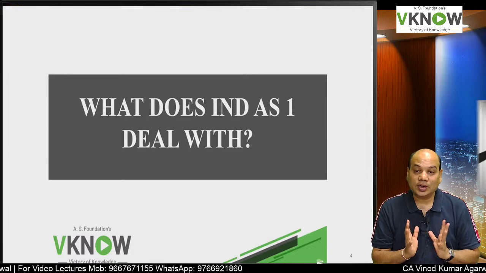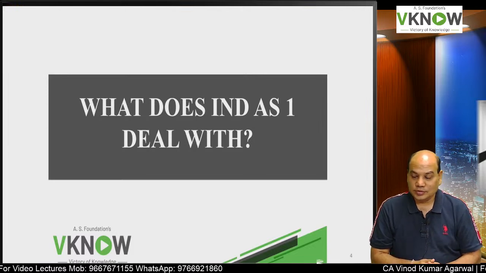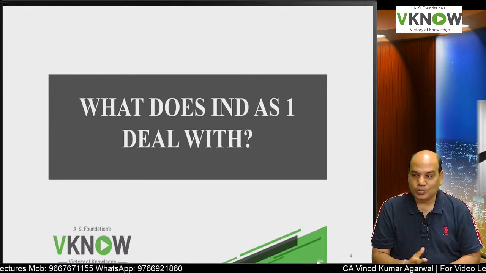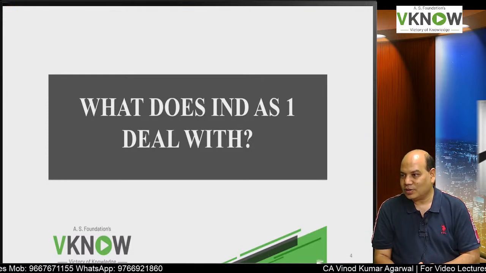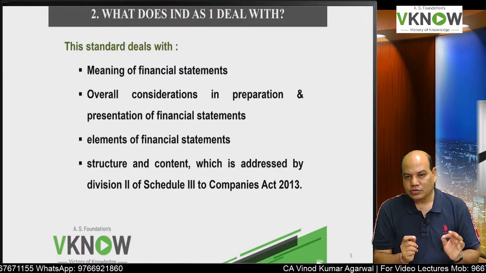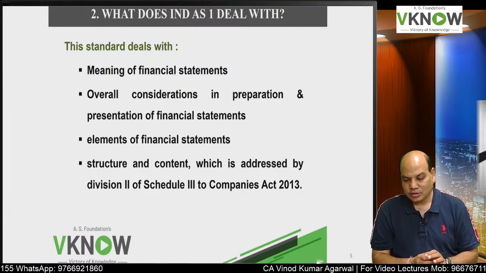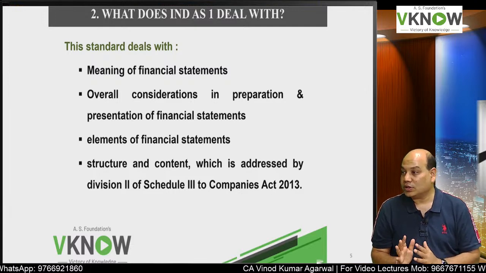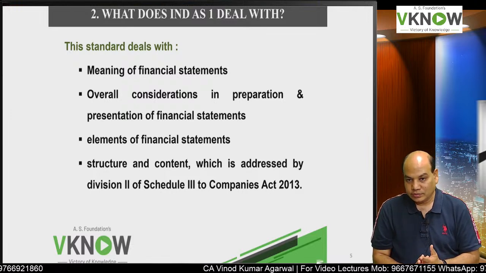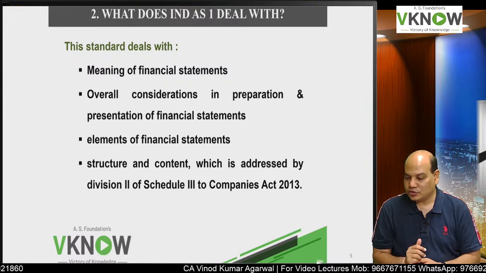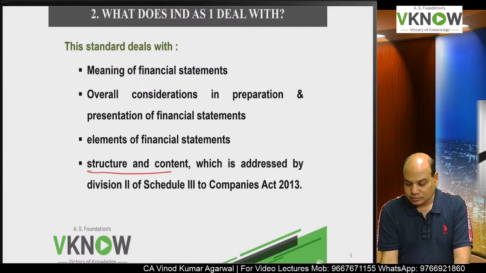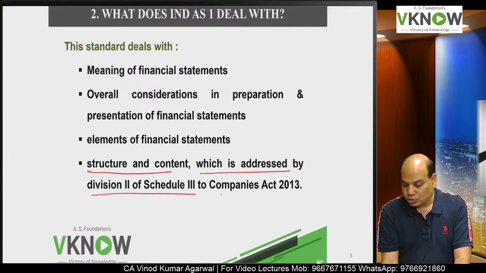And what does Ind AS 1 deal with? Does it deal with property, plant, equipment, or inventory, or employee benefit, or financial instrument? The answer is, it simply deals with, first, what is the meaning of financial statement, then what are the overall considerations in preparation and presentation of financial statement, what are the elements of financial statement, and then structure and content, which is addressed by division 2 of schedule 3.